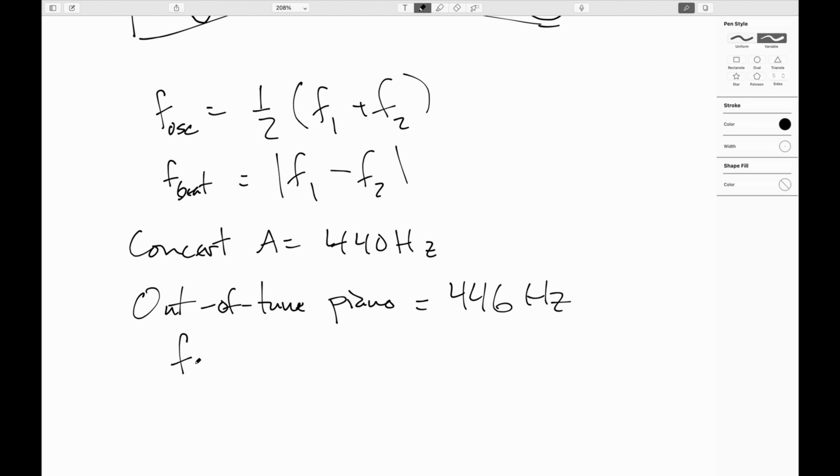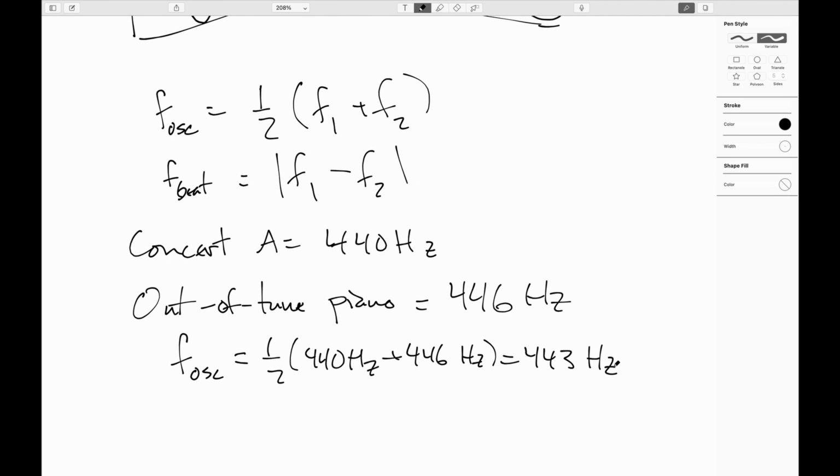The note that you'll hear while both the tuning fork and the piano are making a note will be the average of the two, or 443 hertz, but that's not what the tuner's listening to. The tuner's listening to the beat frequency. They're going to hear this wah, wah, wah, superimposed on top of the note.